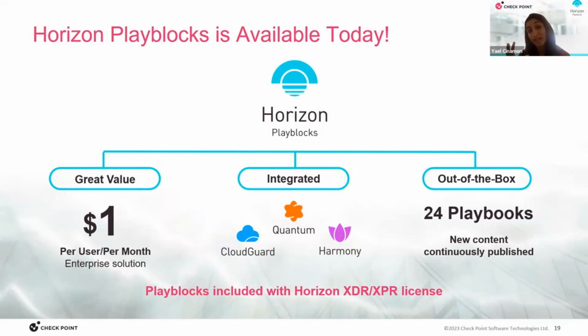In that case, you will only connect that specific gateway to Playblocks, and only the playbooks related to Quantum Gateways will be available to you. You have that option if you don't see any value in adding more products and more automation. If you choose to purchase that, it will be 10% of the gateway that you choose to connect. So you have that option for Quantum Gateway alone.